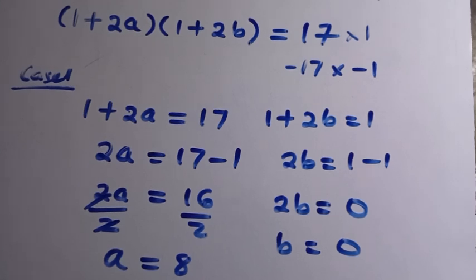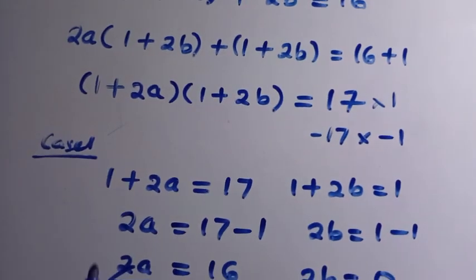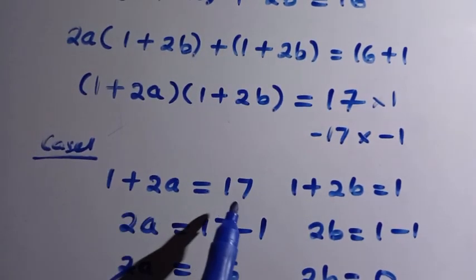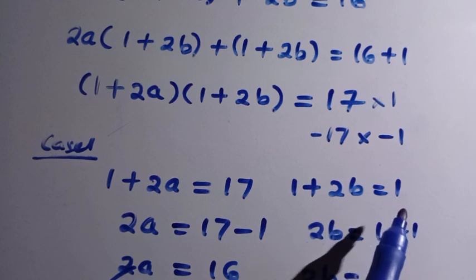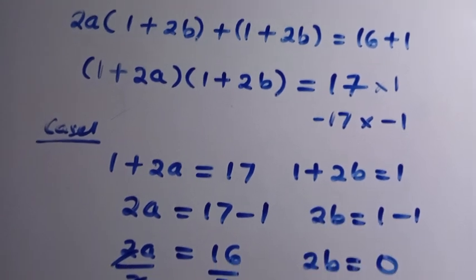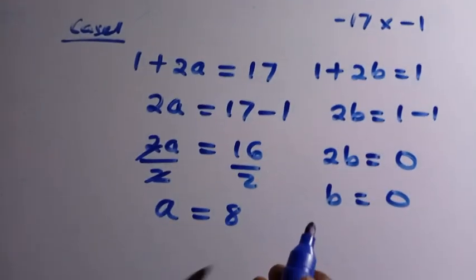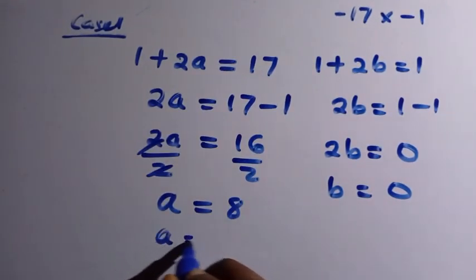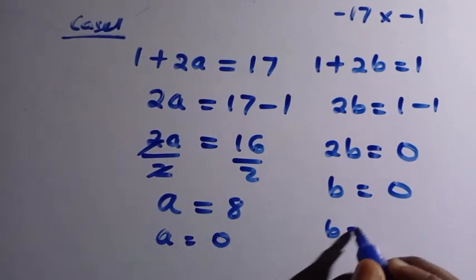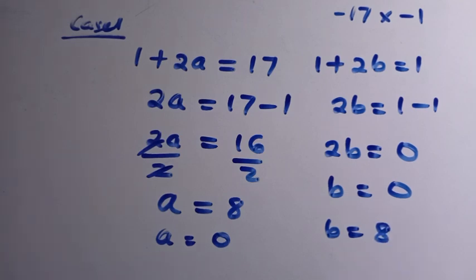Similarly, if I interchange this as 1 plus 2a equals 1 and 1 plus 2b equals 17, therefore a becomes 0 and b becomes 8.